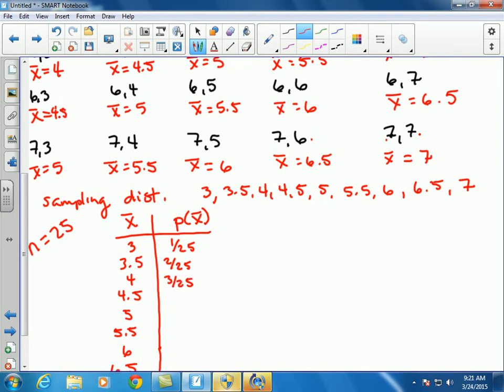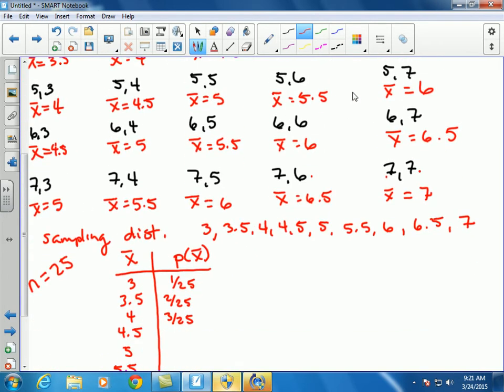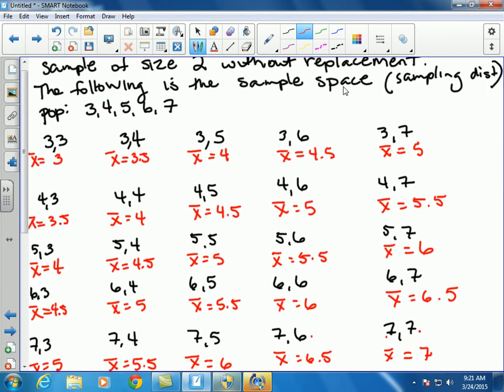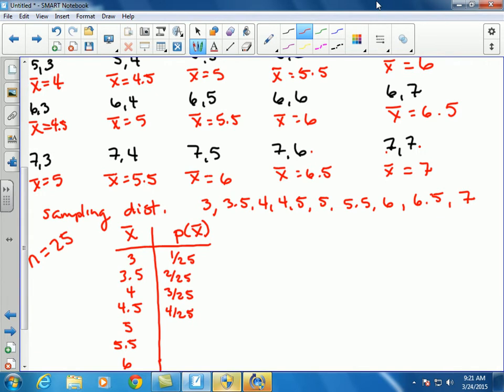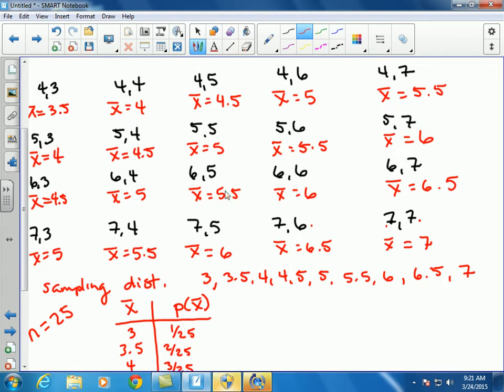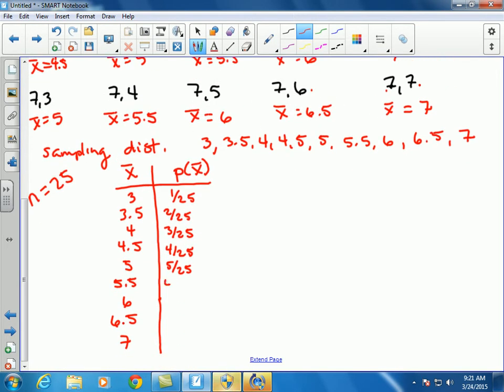And you can see that a pattern's going. That's why I wrote the numbers the way I did. 4.5 happens 4 times. And 5 happens 5 times, that diagonal. And 5.5, we start to go down again, happens 4 times, and so forth.